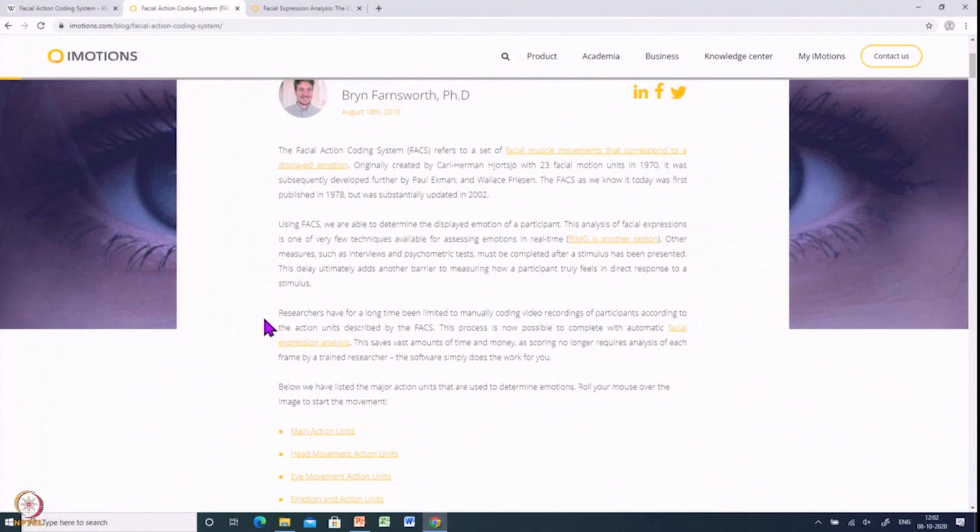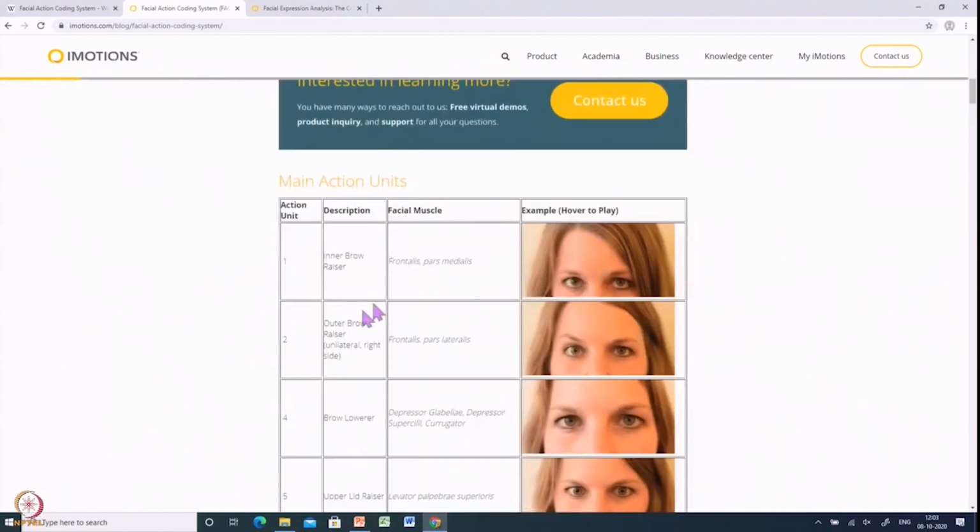They collect all the data and sync it, and provide a complete picture. All the GIFs explain what inner brow rise and outer brow rise are, so you get trained on these codings.